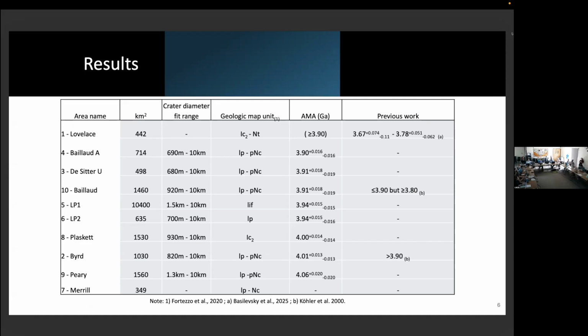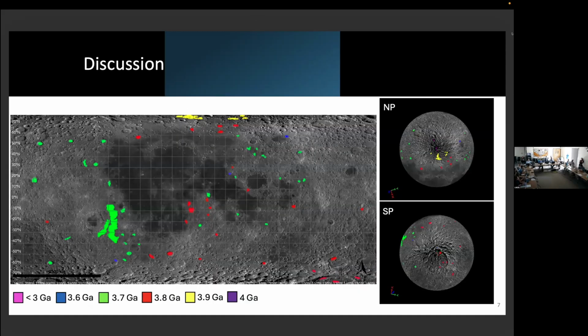Next slide. Now here, this is the slide that I have changed. This is also the first time I show the entire work in just one figure.